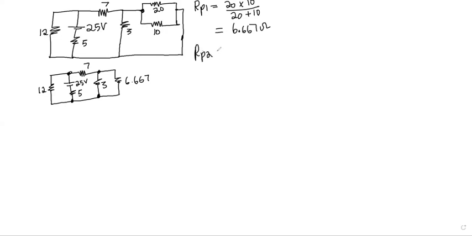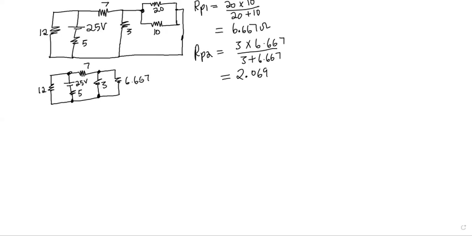RP2 is equal to 3 times 6.667 divided by 3 plus 6.667, which is equal to 2.069.